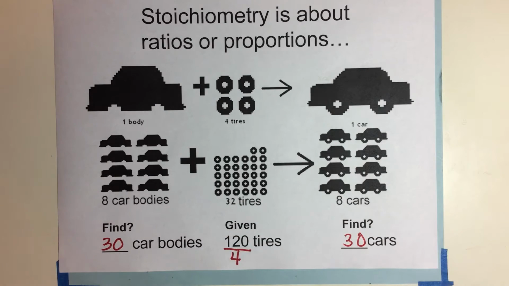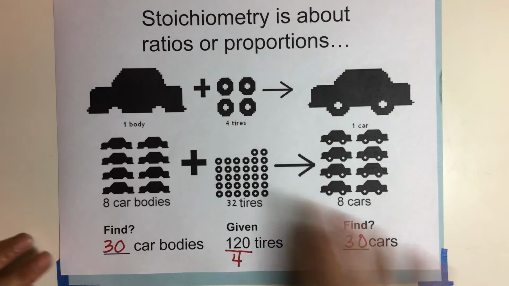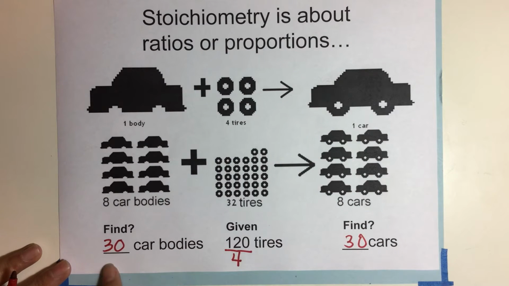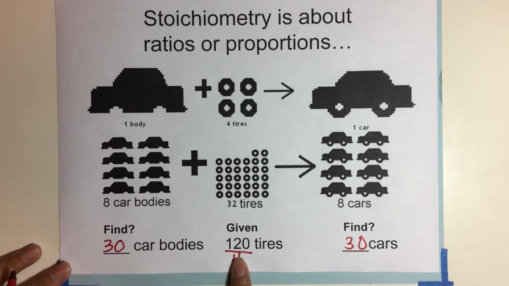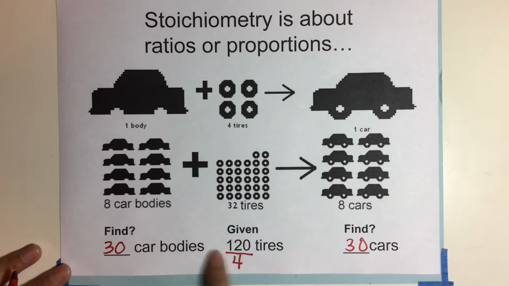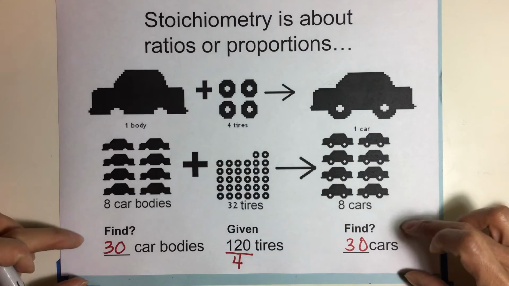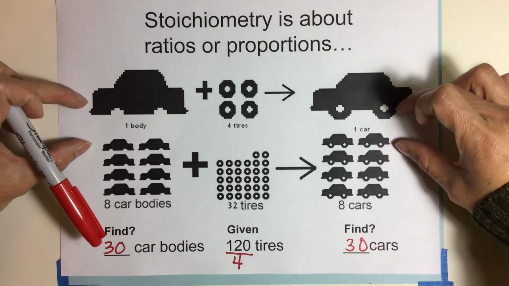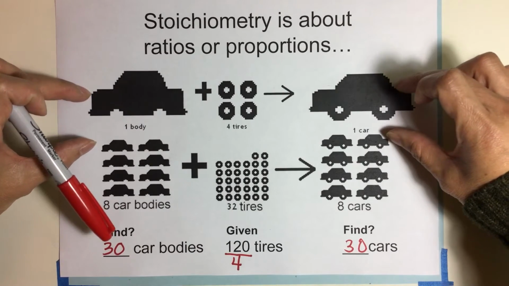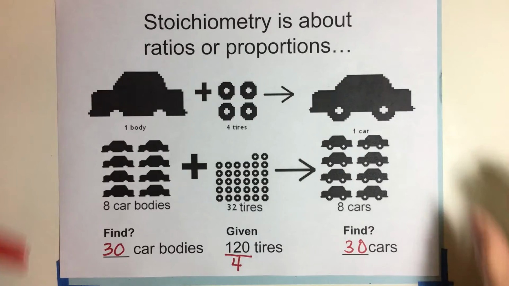This idea of stoichiometry is using this ratio to determine any scenario of given amounts of either cars, bodies, or tires, and we proportion it out. This ratio will always fit the actual balanced recipe or ratio in the equation, okay?